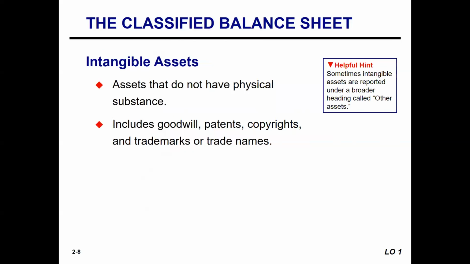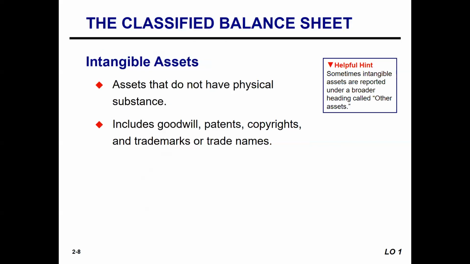The list is quite long. Other than goodwill, all the others, there is a US government office where we put in an application. Let me rephrase it. We are granted the right to this asset when we apply to the government, or I could purchase it from someone else.